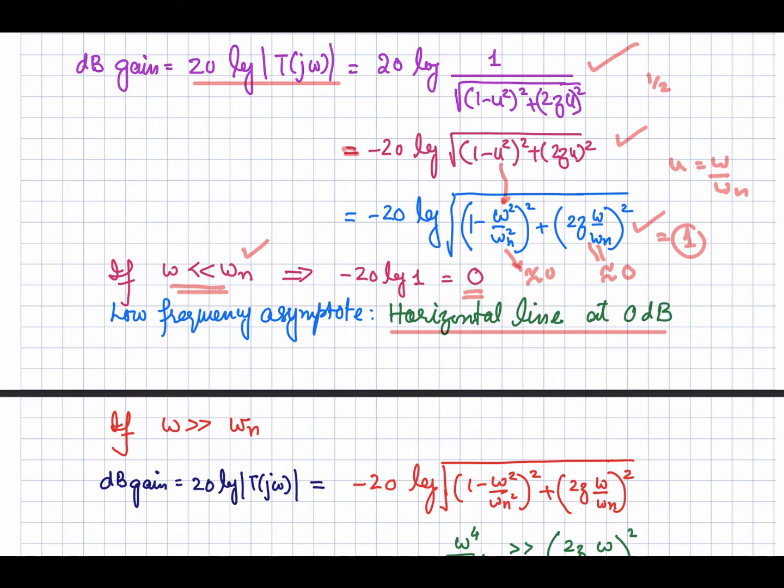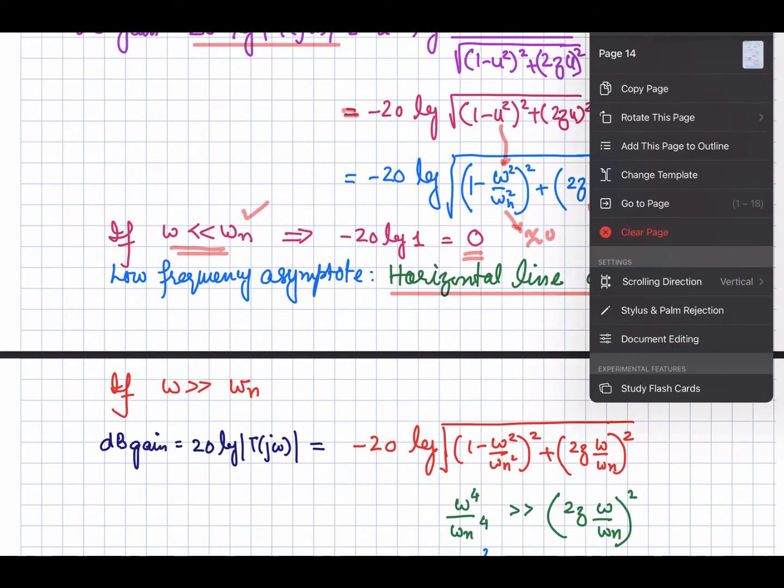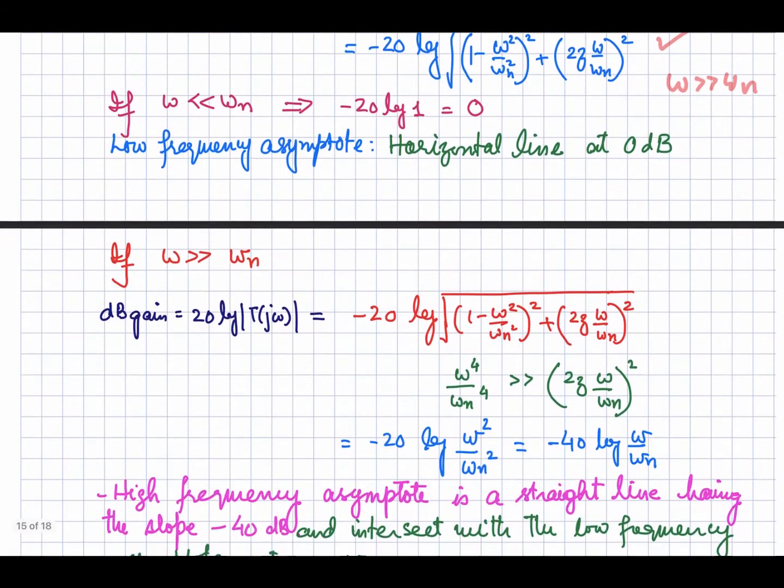Now if the frequency is very high as compared to the natural frequency, and if we evaluate this dB gain with the help of this expression, this part will be very high as compared to this part.